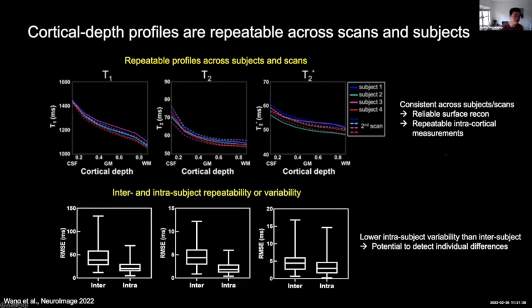Looking a little bit further into this data, we can see that we nicely have a lower intra-subject variability than inter-subject variability. This points to an exciting potential that we might be able to start to detect individual differences in these cortical profiles, even in healthy volunteers.